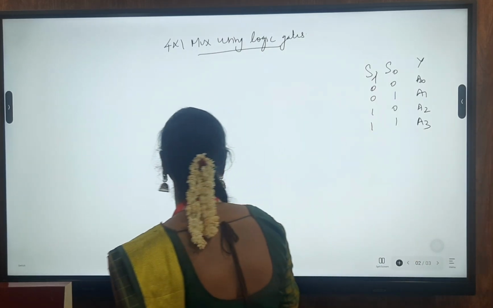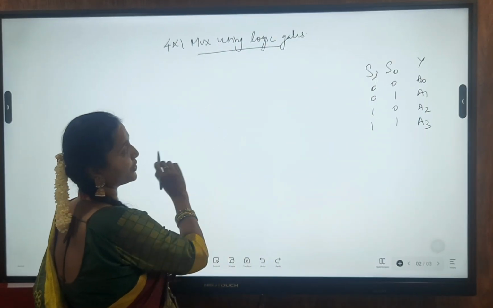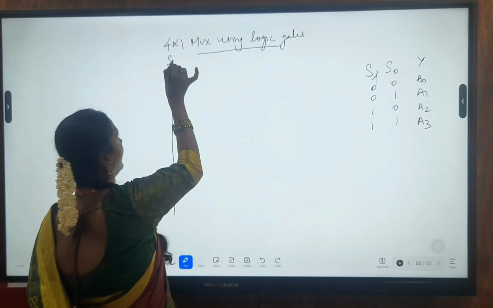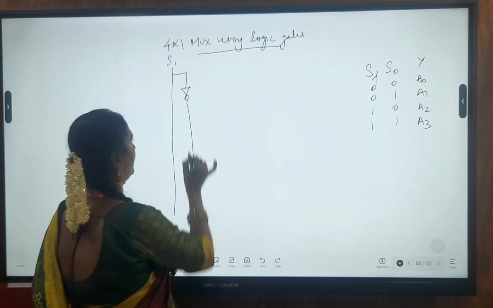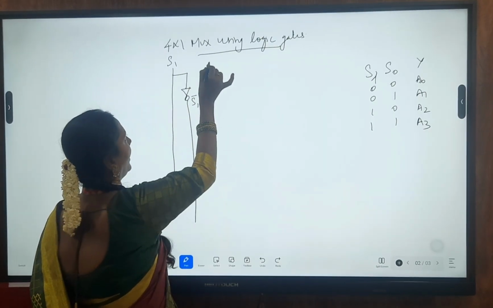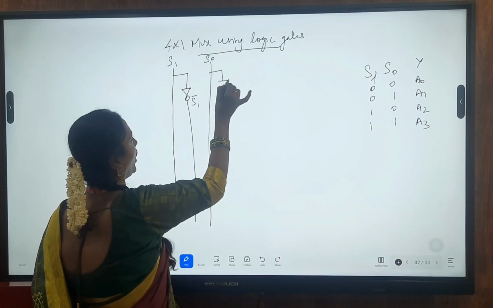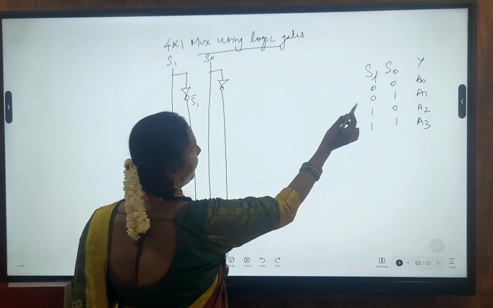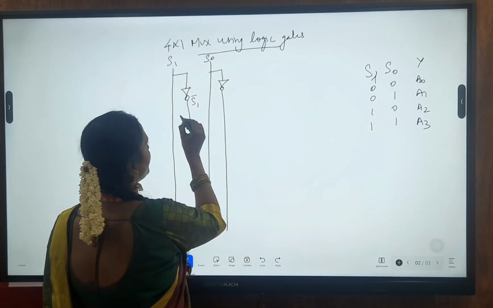For S1 I am drawing a line, and for S1 bar I am using a NOT gate. This is S1 bar and this is S0, and to get the complement of S0 I am using a NOT gate.